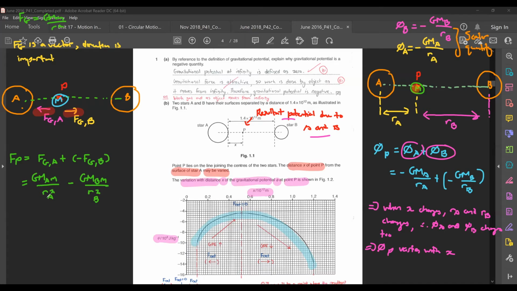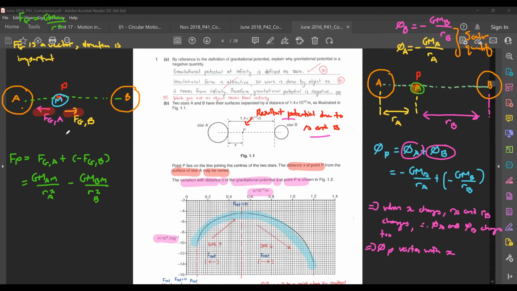Eventually you see that, with similar reasoning, when x changes, rA and rB change, so your FgA and FgB will also change. So your FP will also change with distance. That's just one thing I need you to see.